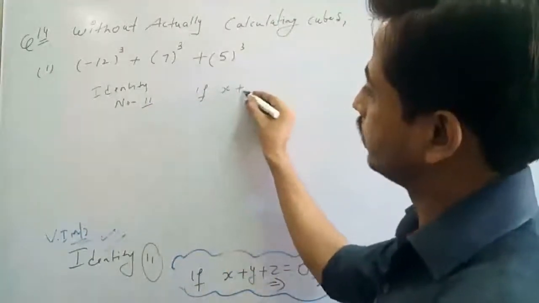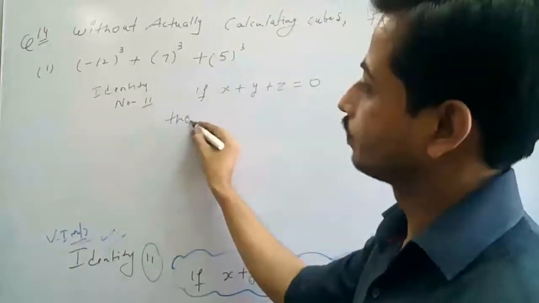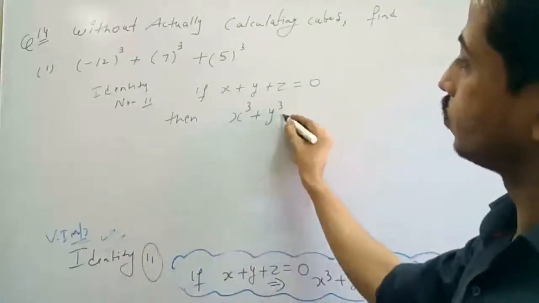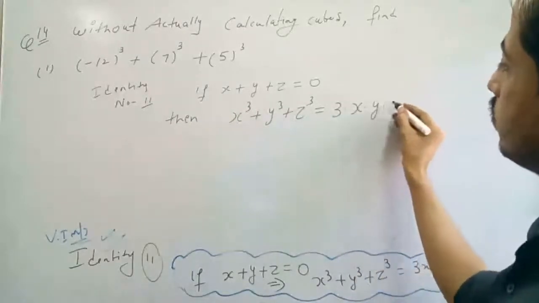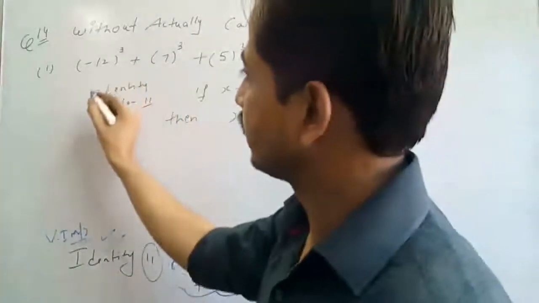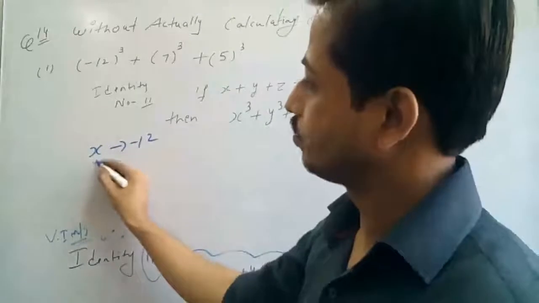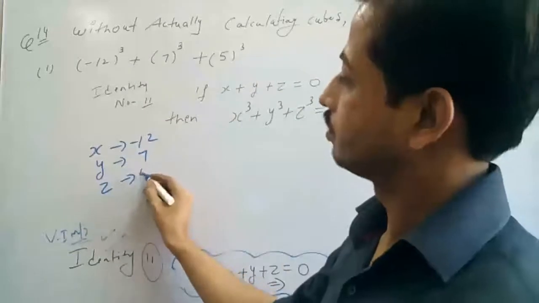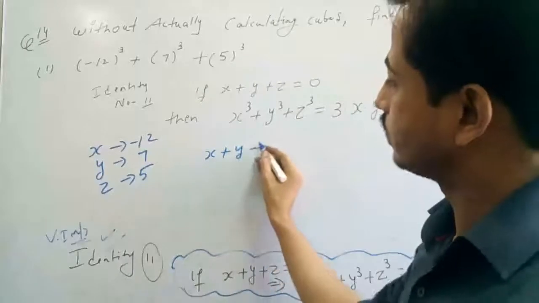If x plus y plus z is equal to 0, then what? x cube plus y cube plus z cube is equal to 3 multiply x multiply y multiply z. Now do a comparison: x is here minus 12, y is 7 and z is 5.